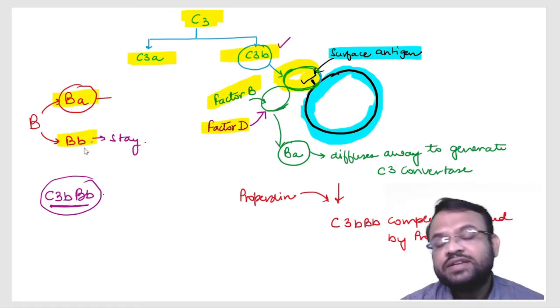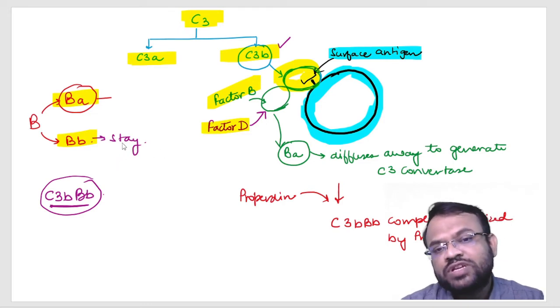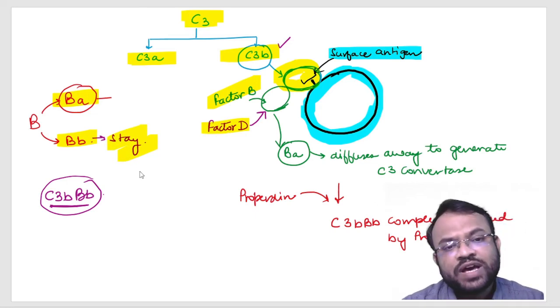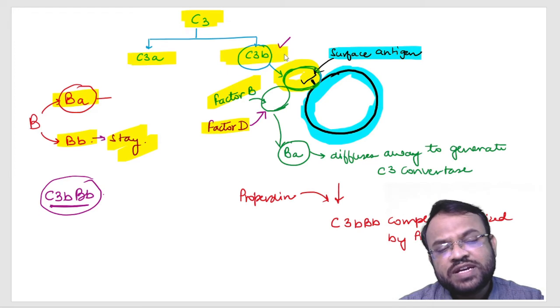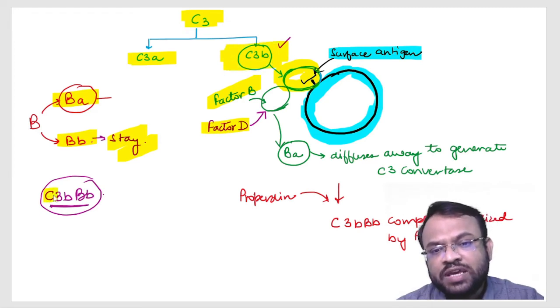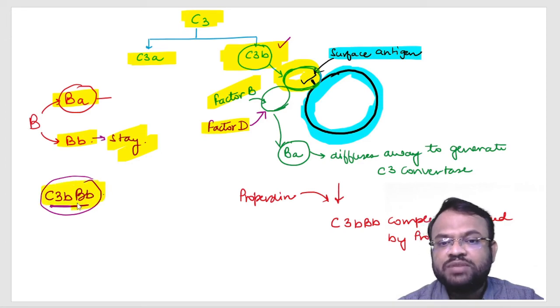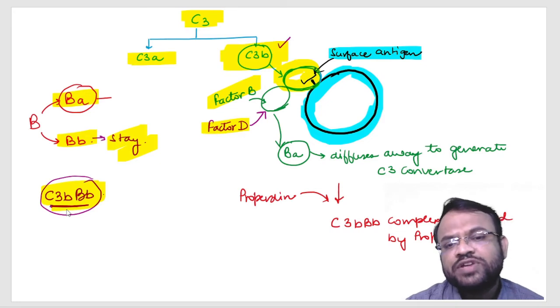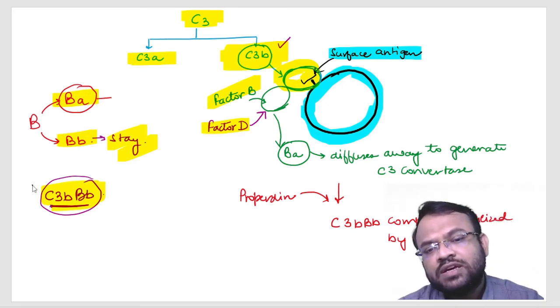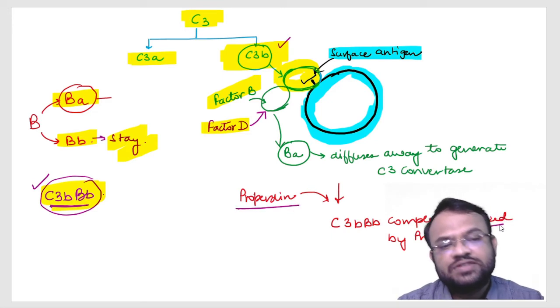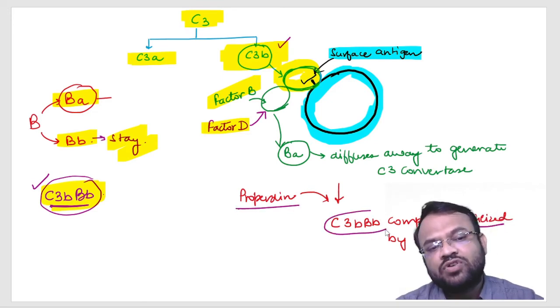As I've already said, in general the smaller Ba portion will leave and the Bb portion will stay. So what we are left with is C3b, which was present in the first place, and Bb has also joined in: C3bBb. After the formation of C3bBb, properdin comes and stabilizes this C3bBb complex.